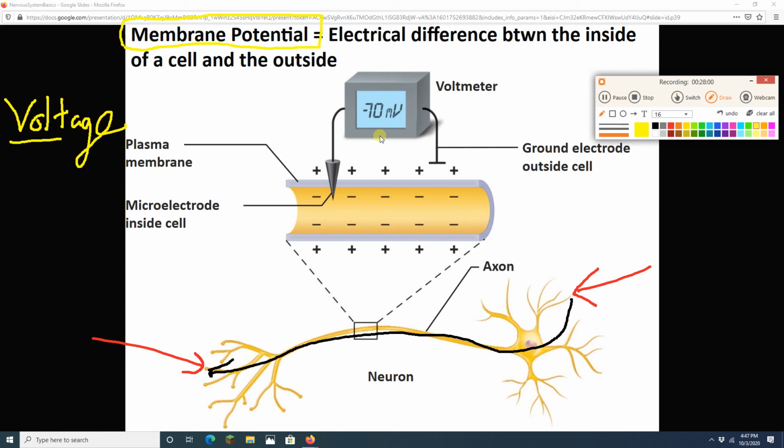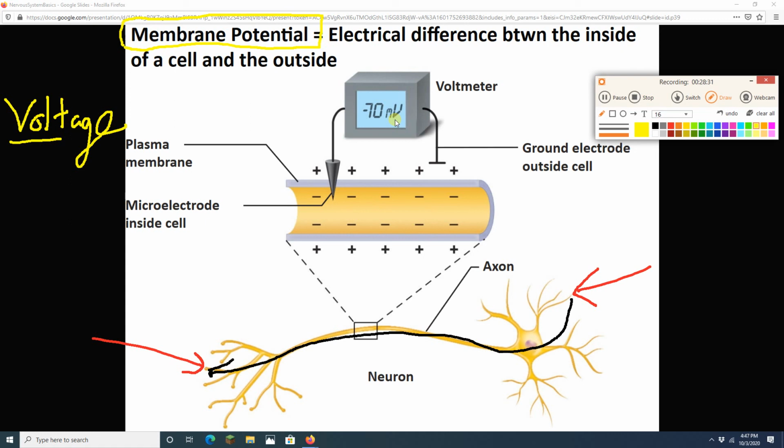Anyhow, if we did this, we would get a reading of the electrical activity inside. In this case, we're on the axon of our neuron here. And we can see there is this electrical situation, this voltage, and it has a value of negative 70 millivolts. So the inside of our neuron has an electrical state that's negative 70 millivolts different from the outside.